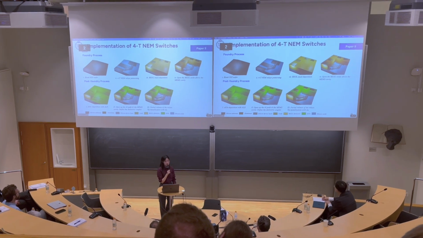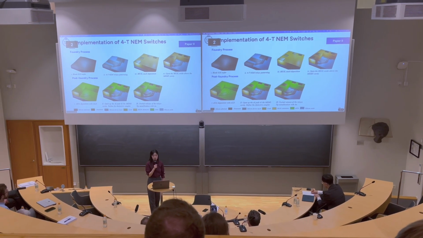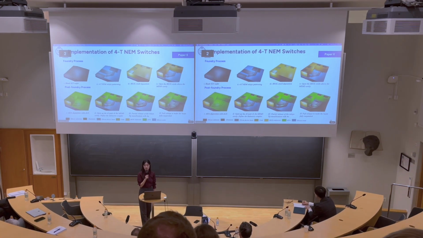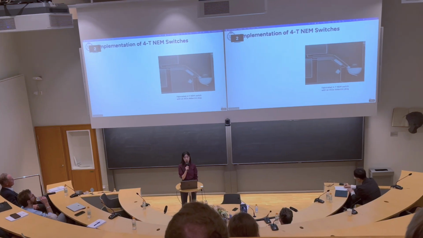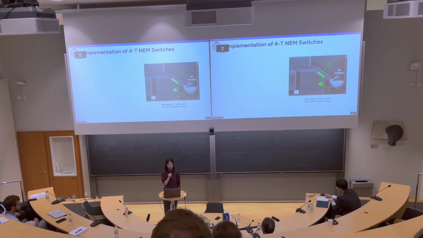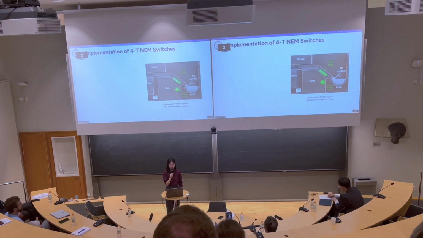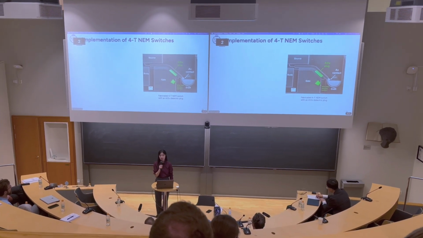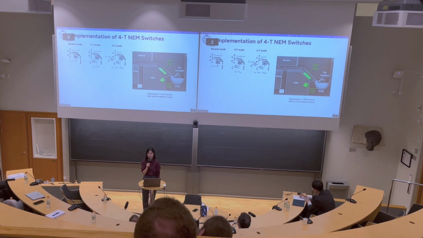And in the next step, we also deposit a gold contact layer on the switch tip, followed by the full release of the switch. So this is the implemented 4-terminal NEM switch, and you can see the alumina plug and the gold contact here in the image. It has 4 terminals: the source, body, gate, and drain, and this switch can work as both a 3T mode or a 4T mode.